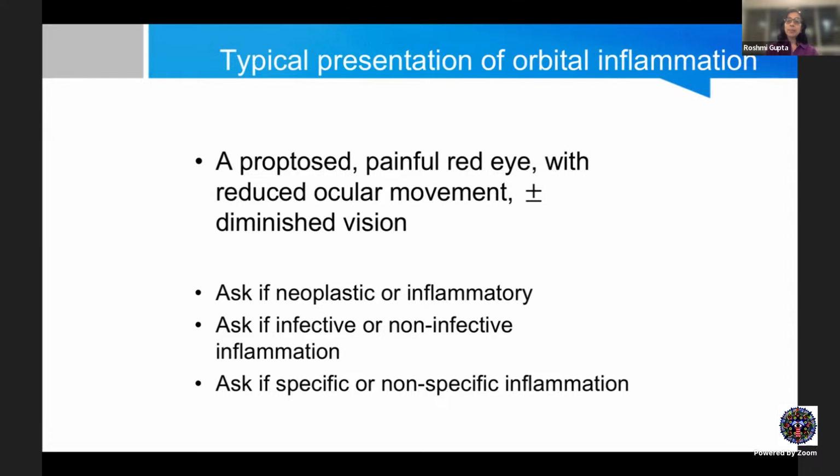But when we see a patient like that, we ask if the condition is neoplastic or inflammatory. If it is inflammatory, we ask if it is infective or non-infective. And then if it is non-infective, we ask if it is specific or non-specific inflammation. That is the sequence of thought we follow.